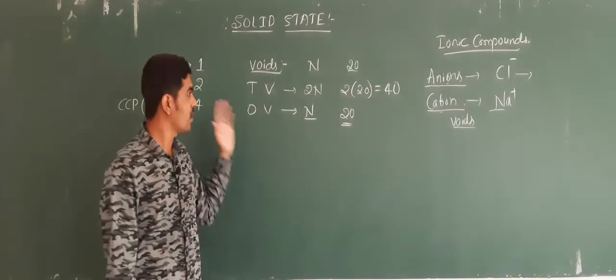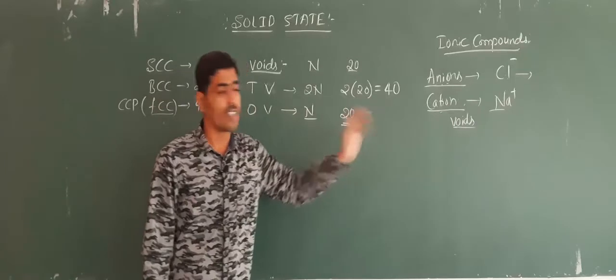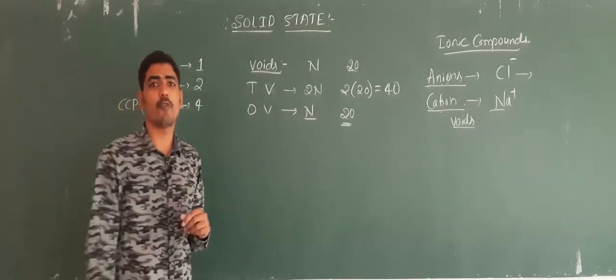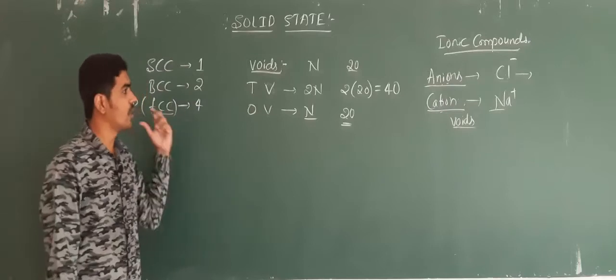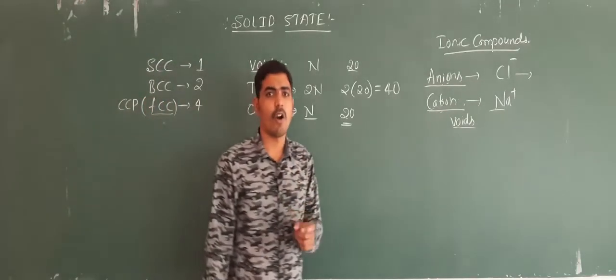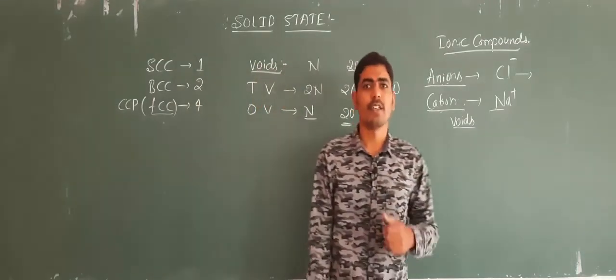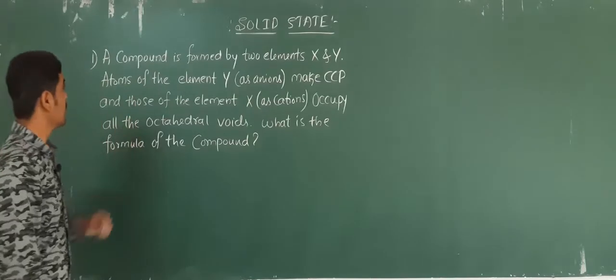Remember these points. By using these things, we can find the formula of the compound. We will solve some problems on how to determine the formula of the compound. Let's see the first question.